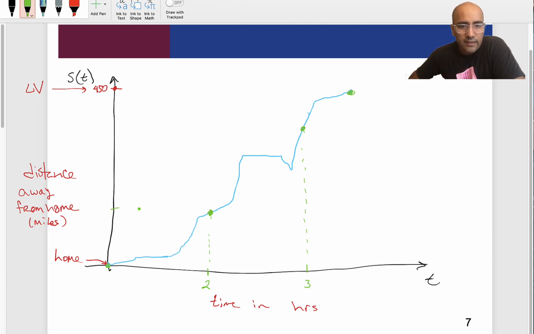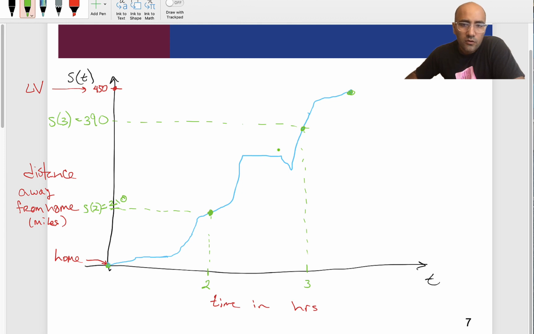So this guy here at hour 2 would be s of 2, and say that this is 210. So at exactly timestamp t equals 2 hours, I'm 210 miles away from home. And at timestamp 3, this would be over here, s of 3, and let's say at this point I'm exactly 390 miles away from home.